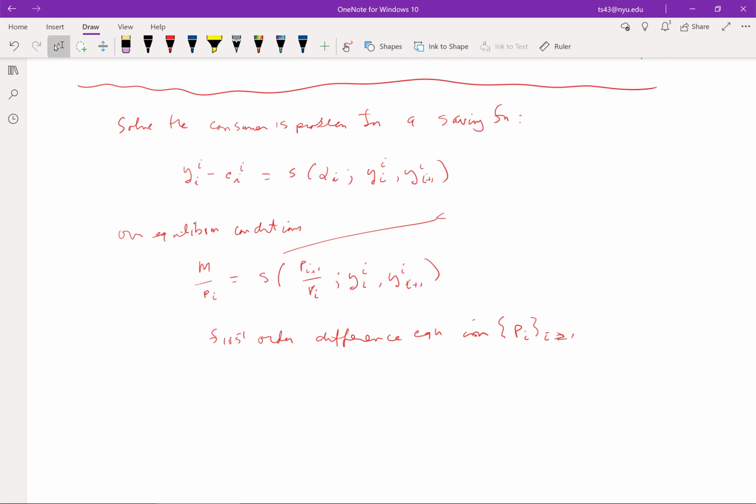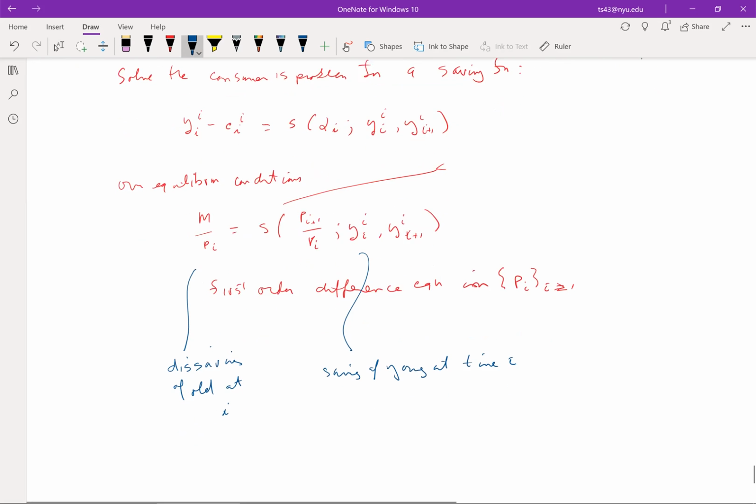So let's proceed that way. The way to read this equation before we do this is, the left-hand side is the dis-saving of the old generation at time t, and the right-hand side is the saving of the young at time t.